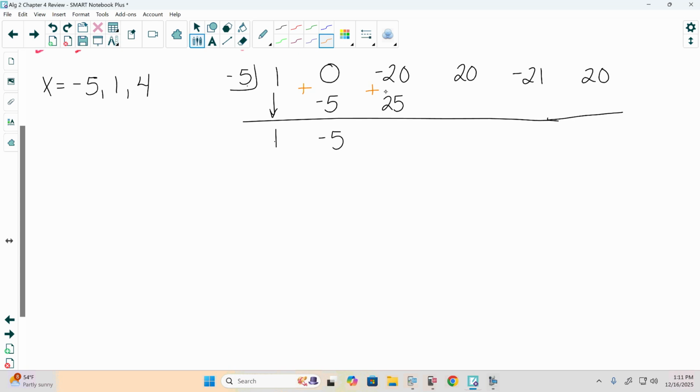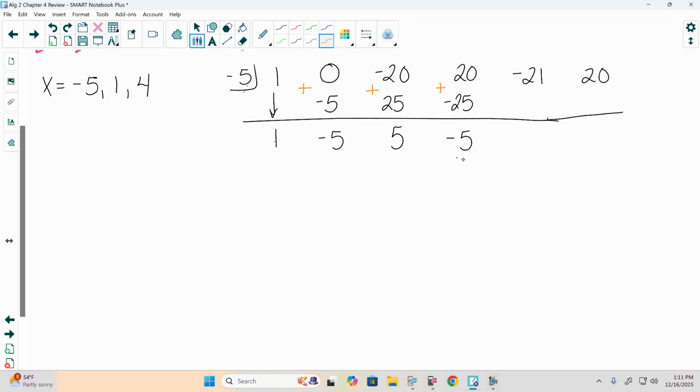Then we would add the 2. So negative 20 plus 25 is going to be 5. Negative 5 times positive 5 is going to be negative 25. And 20 plus negative 25 is, well, negative 5.